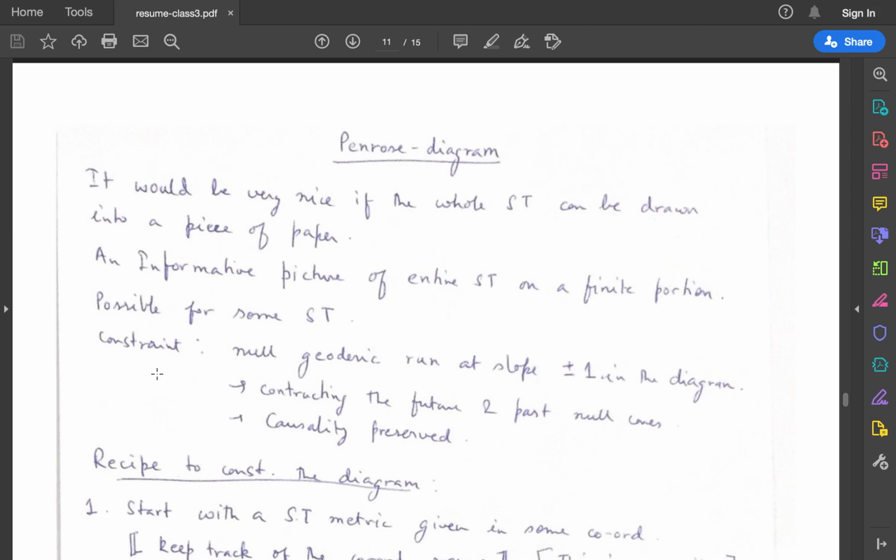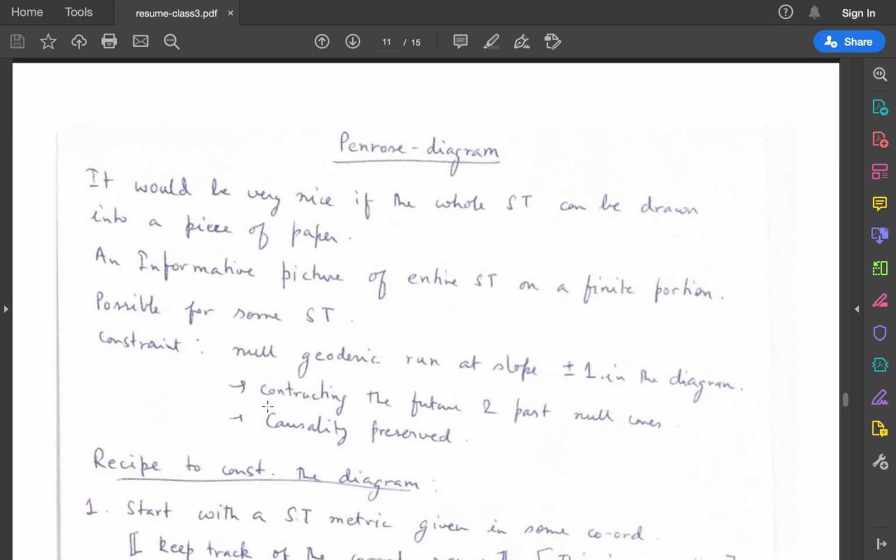So let us look at those spacetimes for which we can draw this Penrose diagram. But there are some constraints which we should maintain when we are trying to draw the Penrose diagram. What are the constraints? The null geodesic runs at slope plus minus 1 in the diagram. Even in our R-T coordinates, the null geodesic had a slope of plus minus 1.